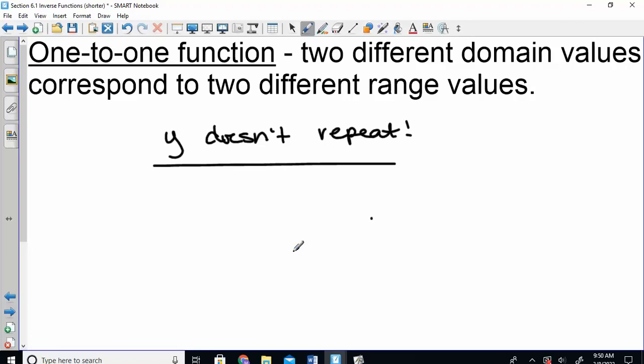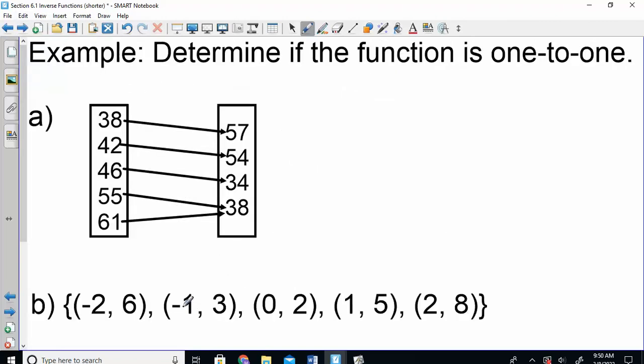So first I just want to look at a couple different ways the functions might be represented and see if those are one-to-one. All right, so this first one, I just gave you a mapping. So this is like your x and this is your y. Would this be one-to-one?